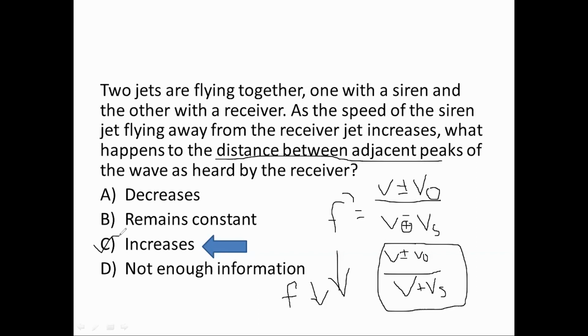A low distance between the peaks means there are a lot of peaks, which is high frequency. And distance between adjacent peaks is very similar to wavelength, right? So it's actually asking for wavelength. Wavelength and frequency are inversely proportional. As one increases, the other decreases. So if frequency is decreasing, wavelength is increasing, the answer is C.